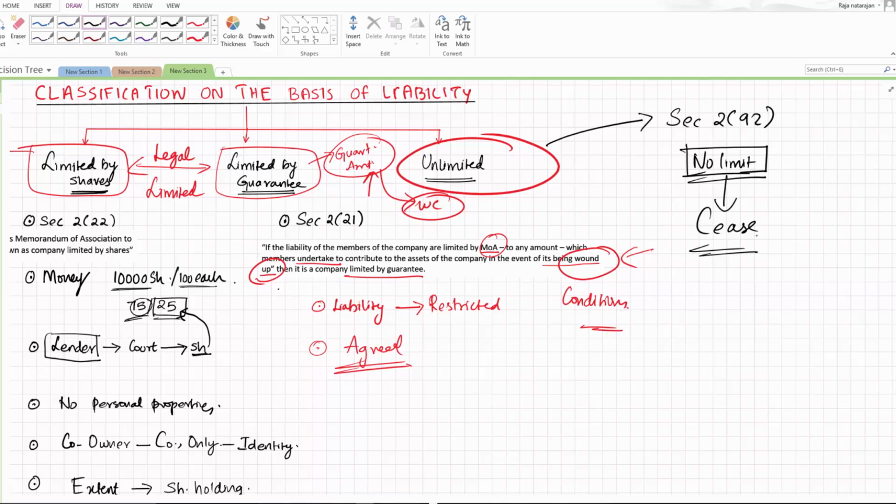When we say unlimited, it means the members' liability will extend to the whole debt of the company. But it does not mean that a single member should pay all the debt. No. If a company could not pay the debt, then it's the members' responsibility to pay. But this is a collective responsibility, that is, each and every member should contribute.